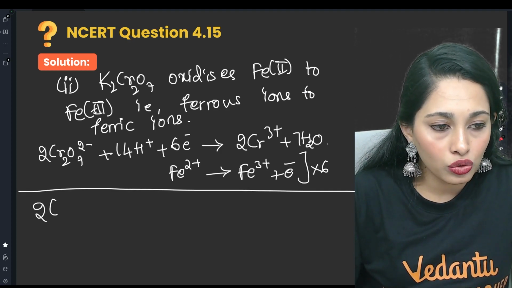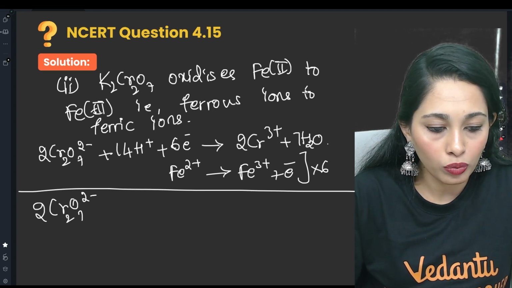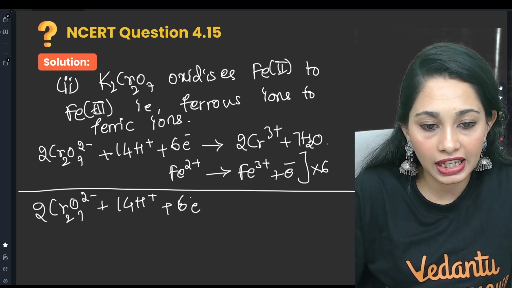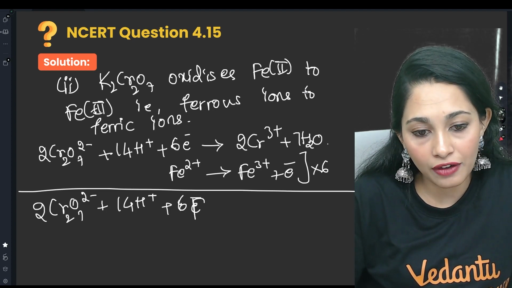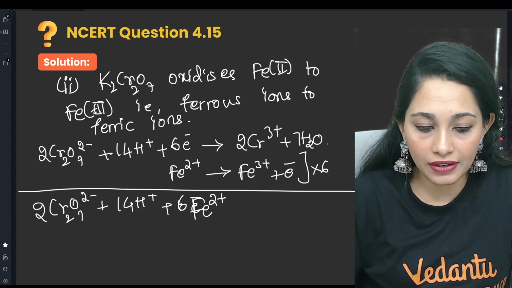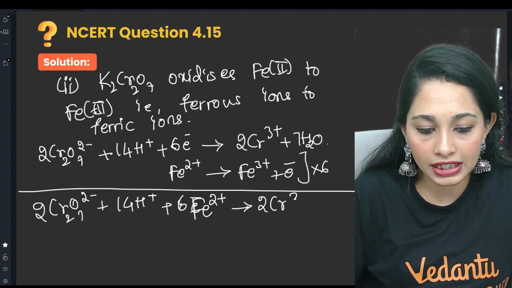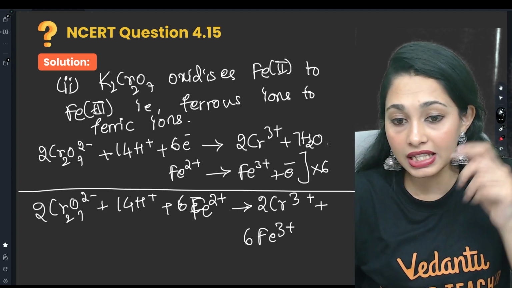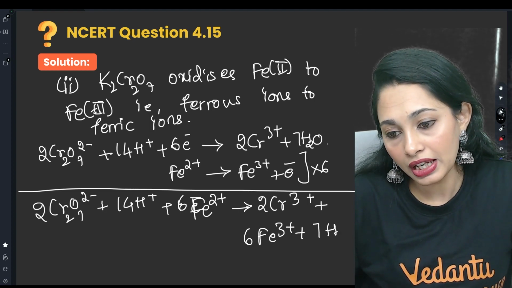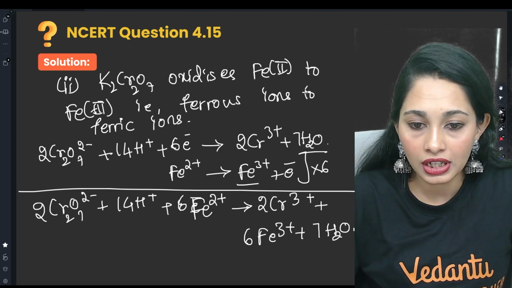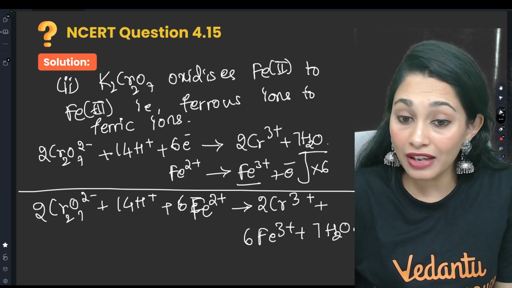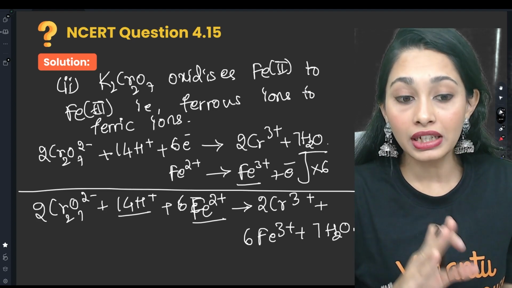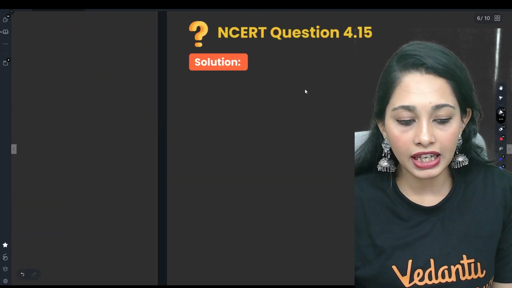So Cr2O7 2 minus plus 14H plus plus 6 Fe2 plus gives 2Cr3 plus, 6 Fe3 plus, and 7H2O. So there are 6 Fe3 plus ions and 6 Fe2 plus ions, and we have 14 H plus ions. So this is the equation.